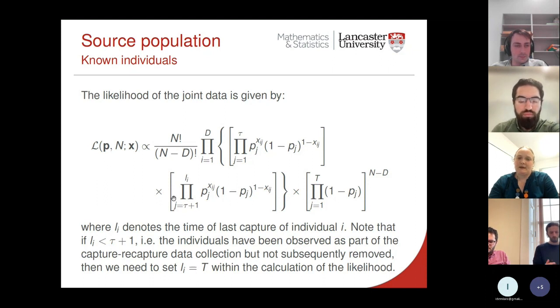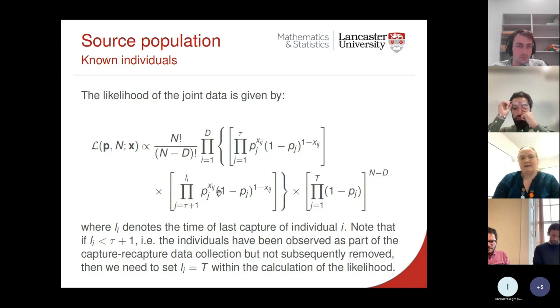And the eagle-eyed amongst you might notice that this first square bracket, the content inside that product from j equals 1 up to TOR, and the content from j equals TOR plus 1 up to Li, is actually the same. And so really we could combine this to be from j equals 1 up to Li.